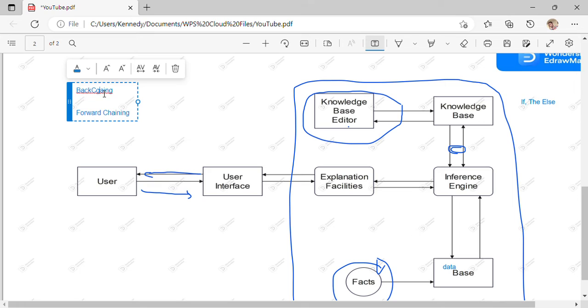Sorry guys, please forgive me for the error. So these are two different methods that are applied by the explanation modules to reflect back the reasons to the user interface, right? We have back chaining and we have forward chaining.